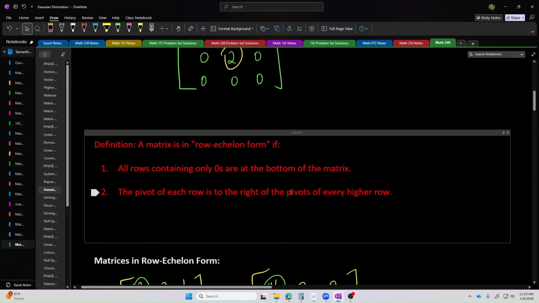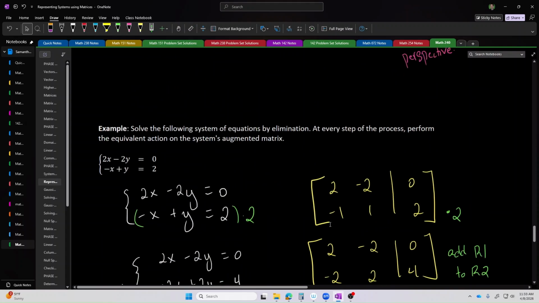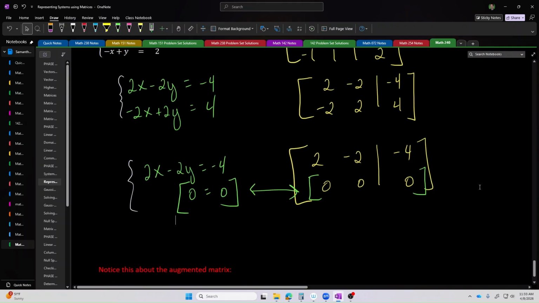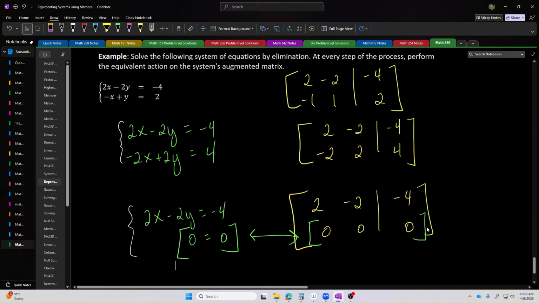Row echelon form is meant to capture the appearance of the augmented matrix for a system of equations after you have worked through the process of eliminating the variables. So row echelon is just capturing what the augmented matrix looks like after that process has been completed.